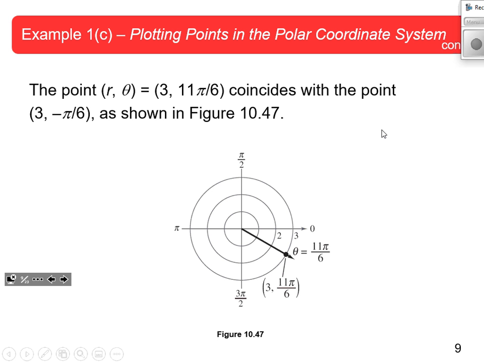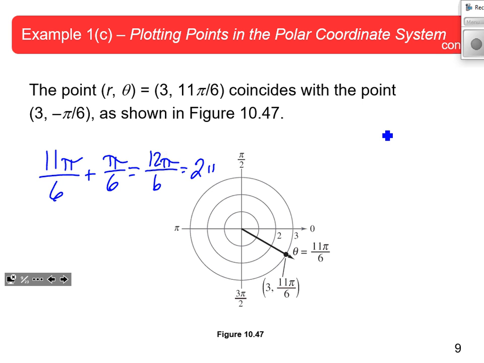Now, there's different ways that we can represent this here. Coincidentally, the point 3 negative pi over 6 is going to be the same as 3 comma 11 pi over 6. Well, 11 pi over 6 plus pi over 6, well, 11 plus 1 is? 12 divided by 2 is? Or 6 is 2 pi.